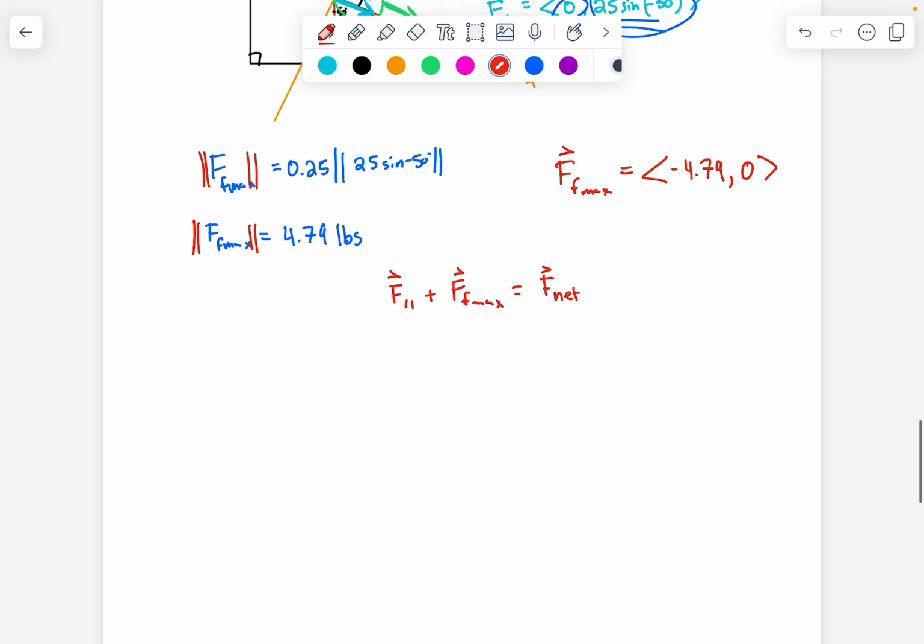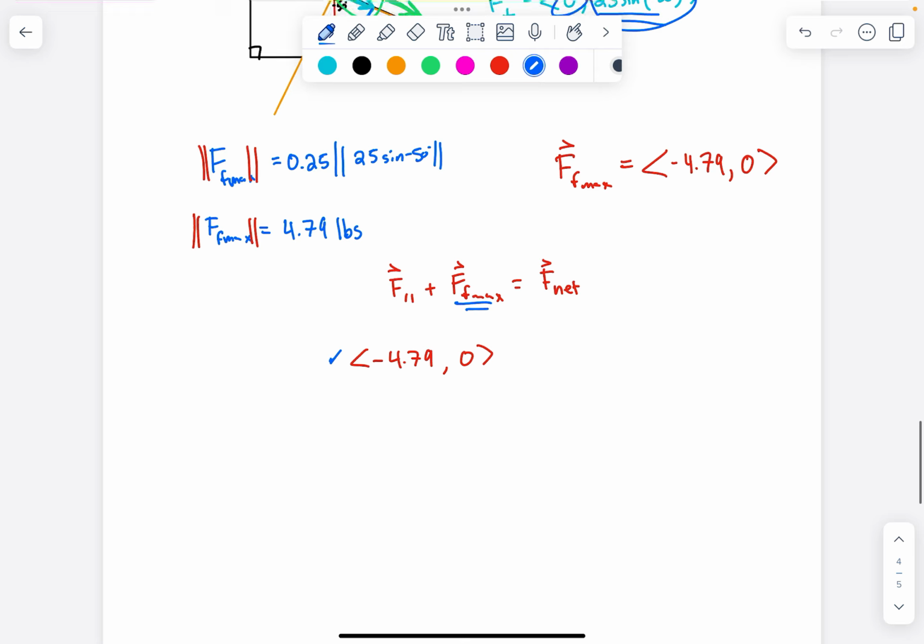Okay. Add these together, pretty easy. Negative 4.79 in the I component, 0 in the J component for F friction. F parallel we said was 25 cosine negative 50, comma 0. So now we just sum them up.